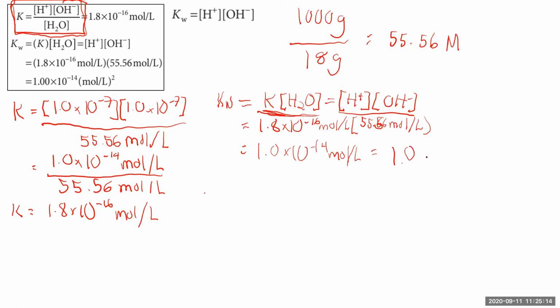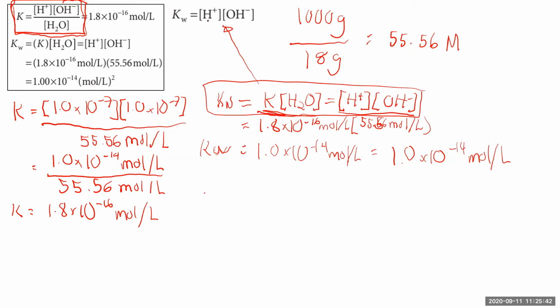So we have 1.0 times 10 raised to the power of negative 14 molars per liter. So that's the ionization constant for water. If you observe, they are the same. That is why we can actually shorten the formula.